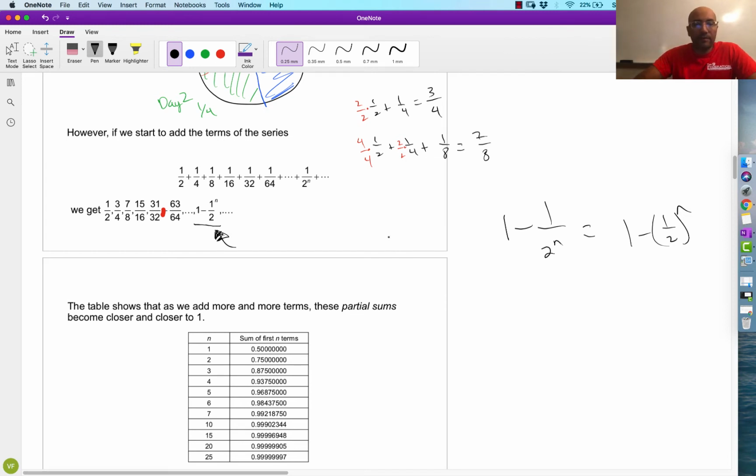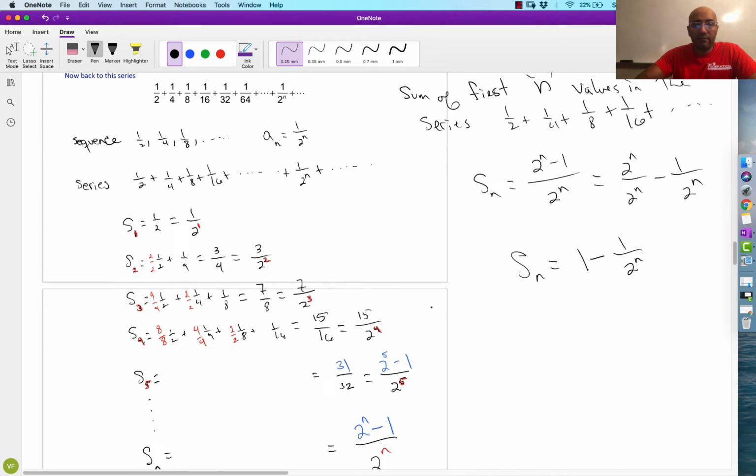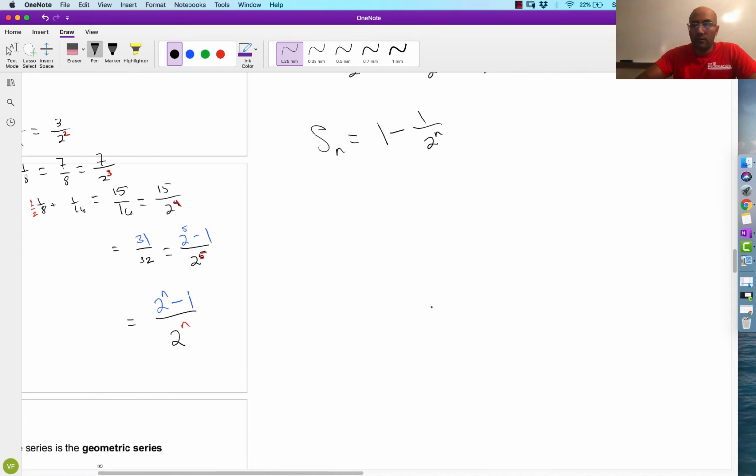Okay, and so what happens as we think about taking that out forever? What's going to happen as we let the limit of this go to infinity? So now, the limit as n goes to infinity of s sub n is going to be equal to the limit as n goes to infinity of 1 minus 1 over 2 to the n.